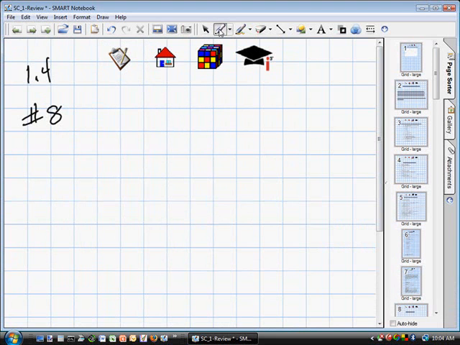Okay, what do we got going on here? Number 8. Decide whether the equation defines y as a function of x. We have x squared y minus x squared plus 4y equals 0. Well, we try to get our y's together, and what happens?